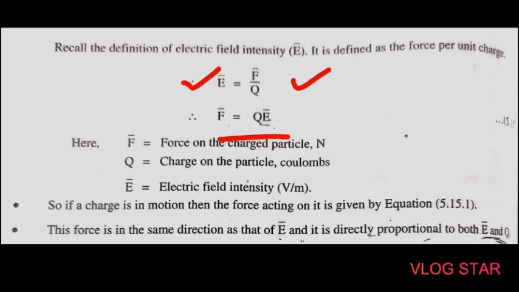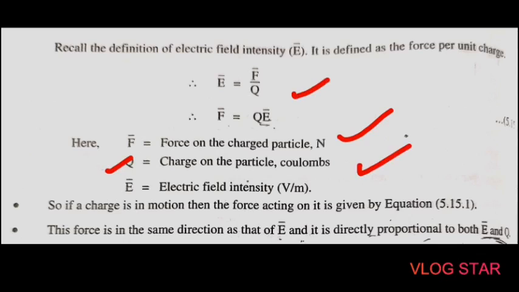We just multiply this E bar into this Q, so we get the equation in terms of F bar. Here F bar is the force on charged particle having unit Newton, Q is the charge on particle, which is expressed in coulombs, and E bar is the electric field intensity, which is denoted by volt per meter, or the unit of electric field intensity is Newton per coulomb.